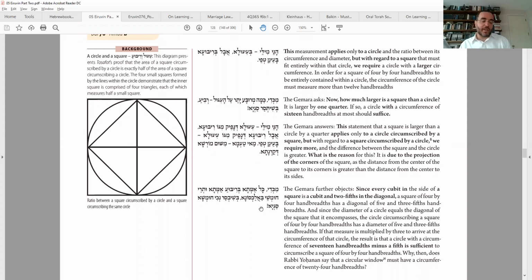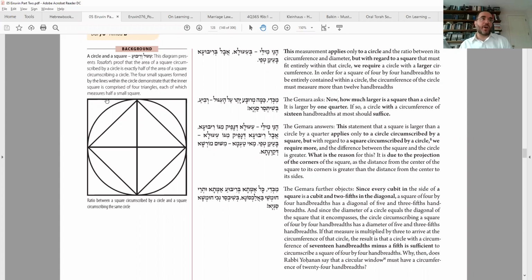This is actually the correct calculation here. Every amma that's inside a square, its diagonal is going to be 1.4, right? And so if you take 1.4 times 4, because we need 4 tefachim, then you get 5.6 as the hypotenuse, and the 5.6 hypotenuse, that means that's the same as the diameter.